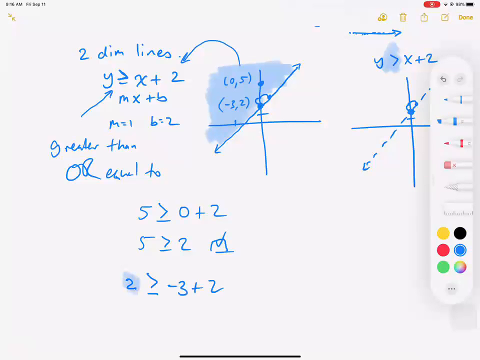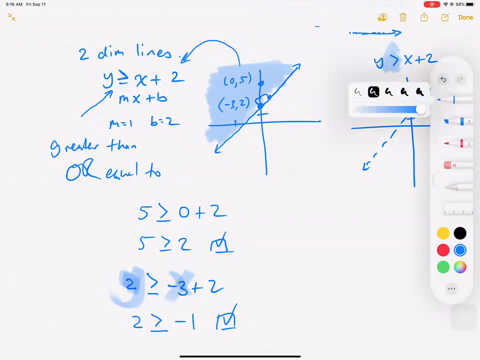Okay, this is my y, and this is my x. As I plugged in, is this a true statement? Is 2 greater than or equal to negative 1? Yeah. So the idea here is inequalities don't just give me one answer, they give me a whole region to play with.